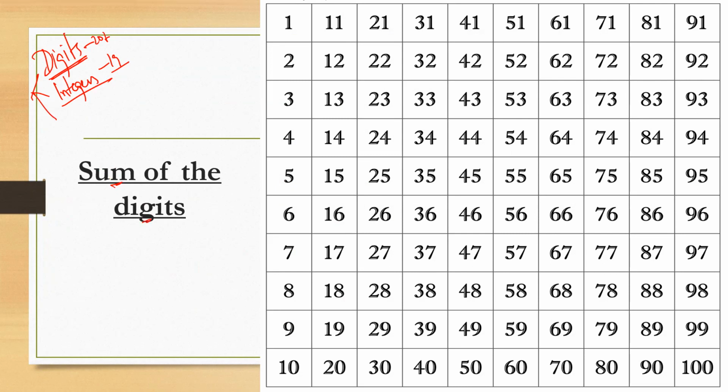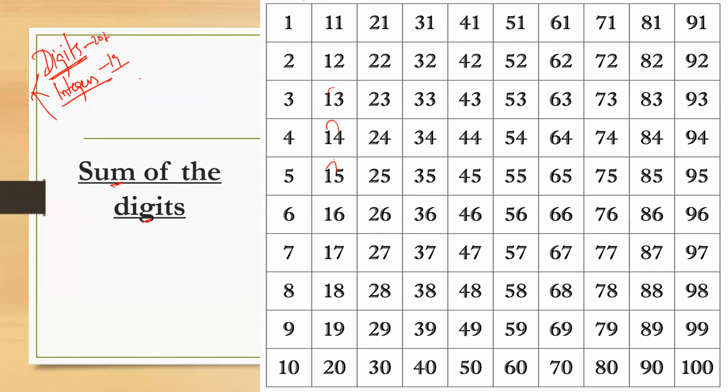Now, when we talk about summing of digits, again, if you observe, there is a clear-cut pattern, right? What does summing of digits mean? That means if 15 is the integer, summing of digits is 1 plus 5, 6. 1 plus 4, 5. 1 plus 3, 4, like that.